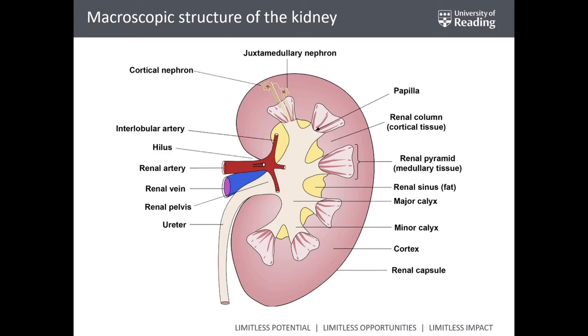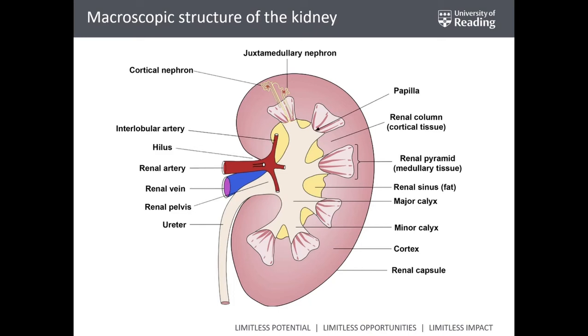The nephrons are organized in renal pyramids made out of medullary tissue, and I'm talking about juxtamedullary nephrons. The renal column, on the other hand, is composed of cortical tissue. The pyramids converge into the calyxes.